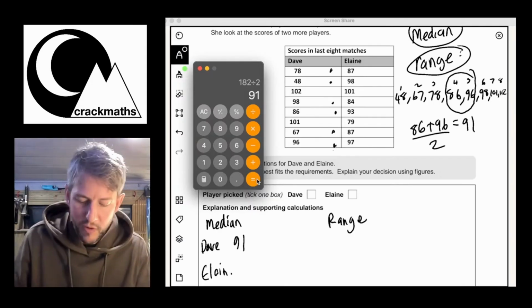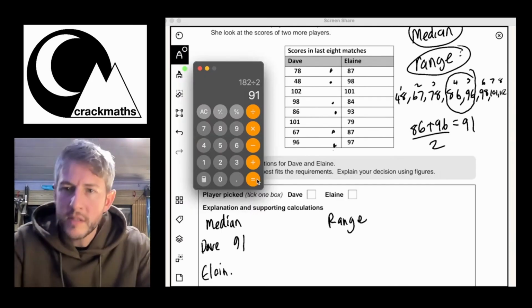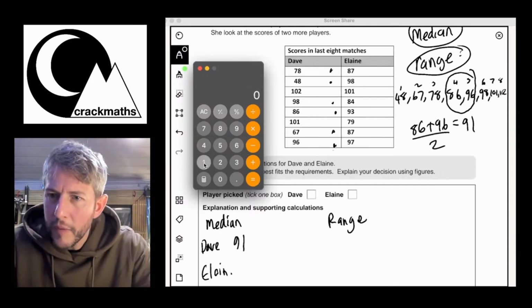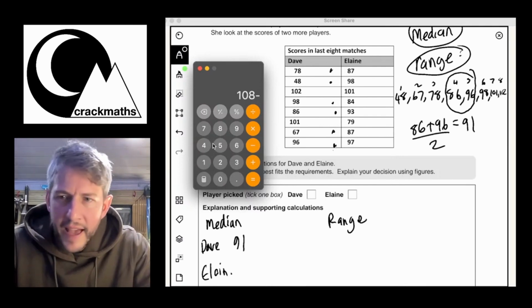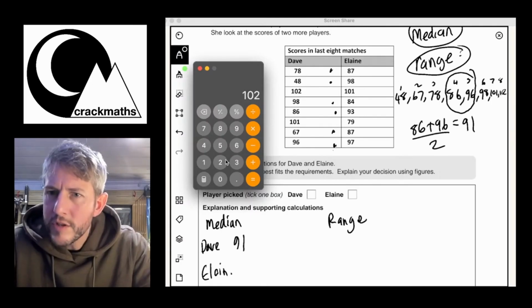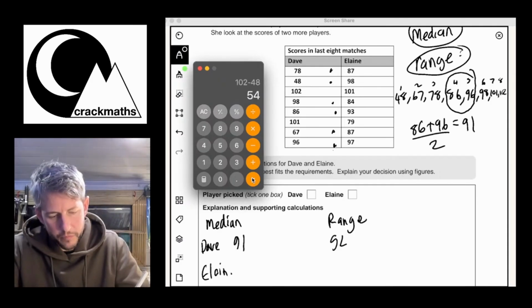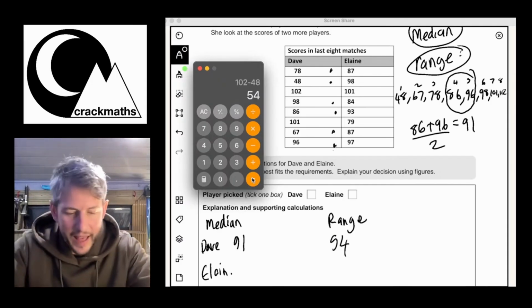We might as well do his range while we're here. The range is his largest take away the smallest. So 102 take away 48, and that's 54.